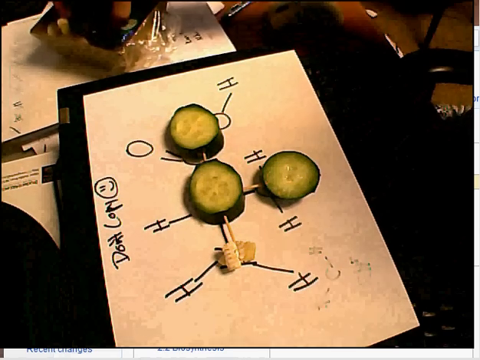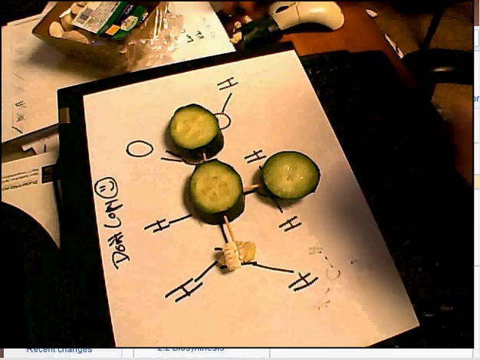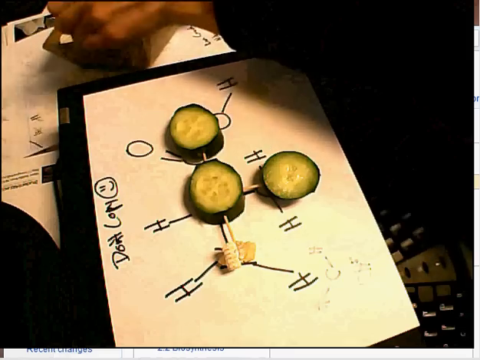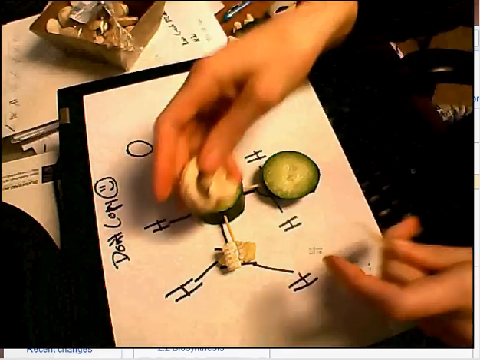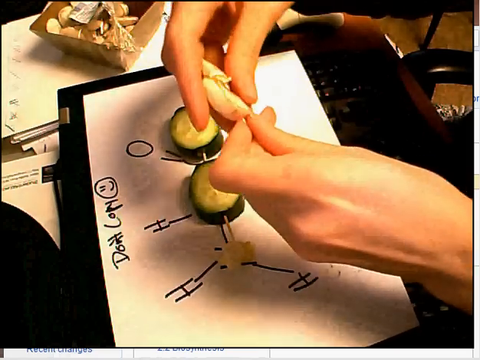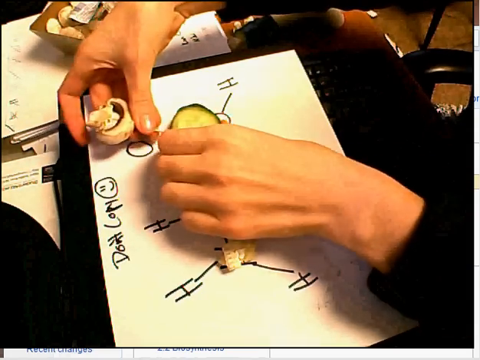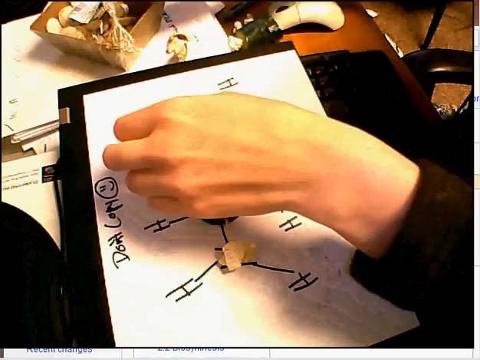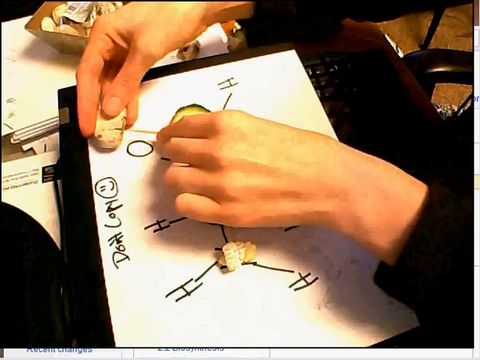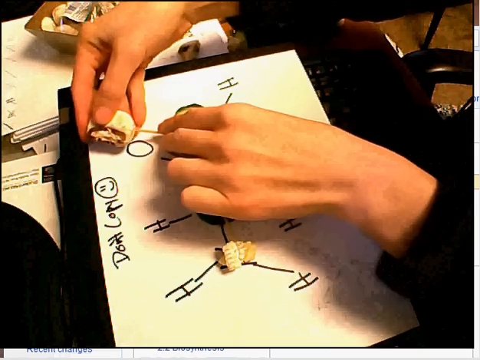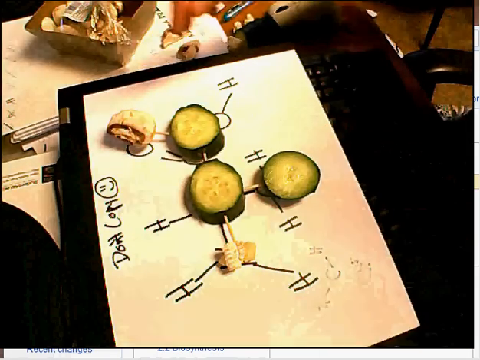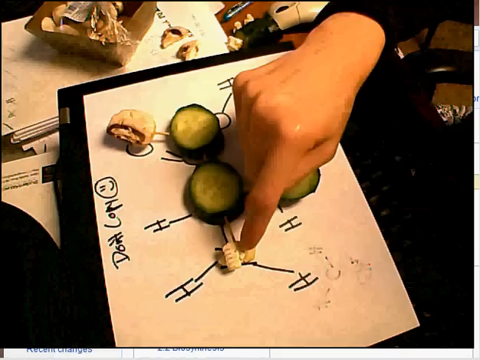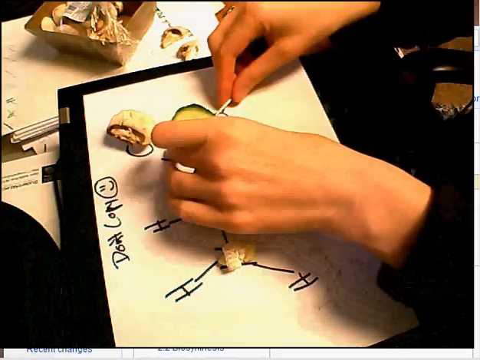Next, I'm going to need my oxygens, which for today are mushrooms. All right, so I push it in first. Looks like mushrooms are more likely to break. So I put my mushroom in. You'll notice I chose things that looked very different from one another. I've got to have the mushroom look different than the cheese, for example.